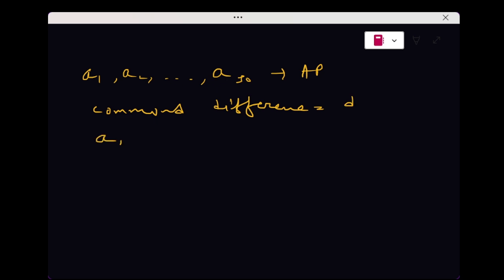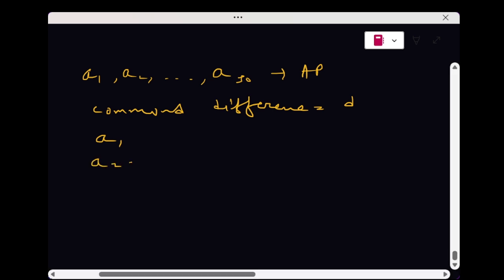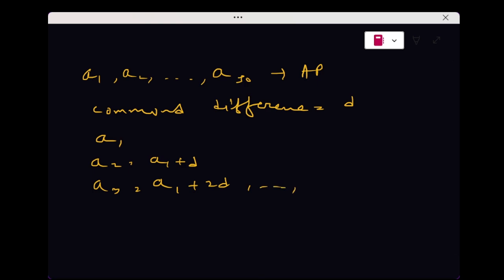So a1 will be a1, a2 will be a1 plus d, a3 will be a1 plus 2d, and continuing this way, we'll get a50 is equal to a1 plus 49d.